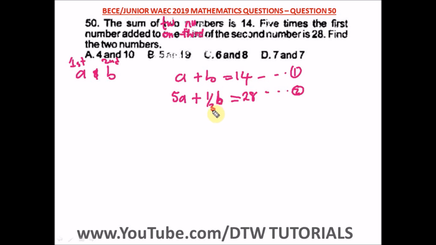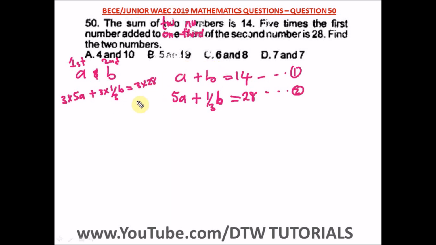We have 1/3 b. In taking out this denominator, we multiply everything in this equation by 3. So we have 3 times 5a plus 3 times 1/3 b equal to 3 times 28.